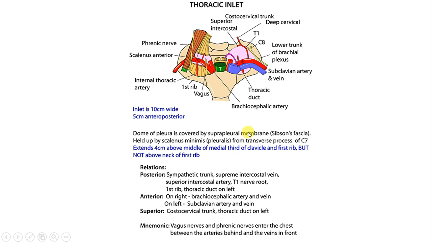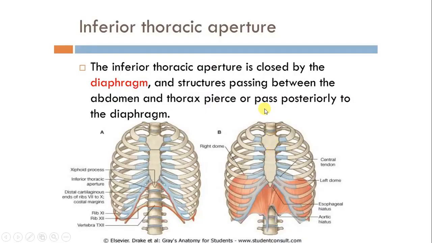You can say the parietal pleura at the apex of the lung forms the suprapleural membrane, Sibson's fascia. And there are muscles from the neck, the scalenus minimus, and the transverse process of C7. It extends 4 centimeters above the middle of the medial third of the clavicle.